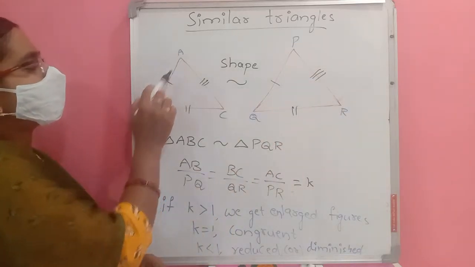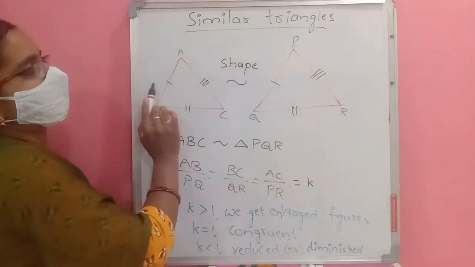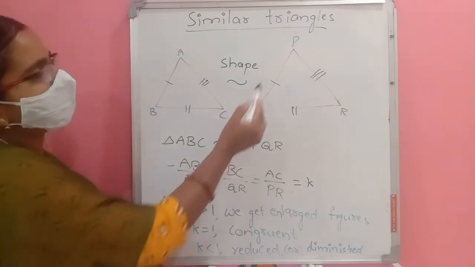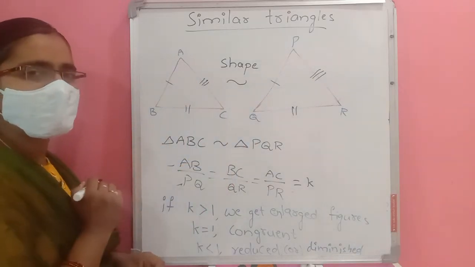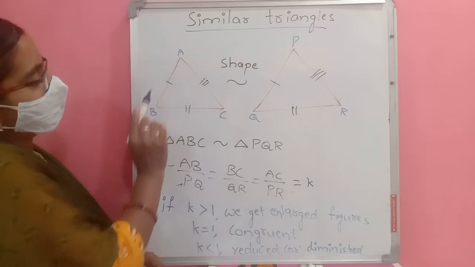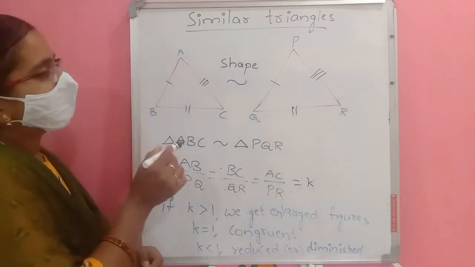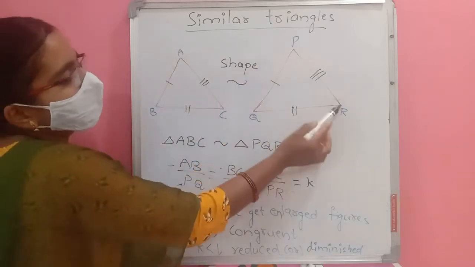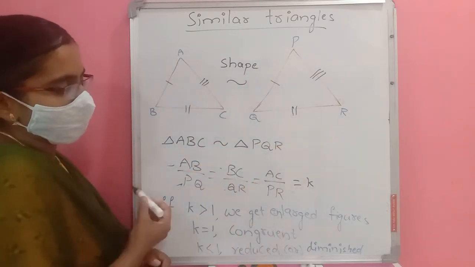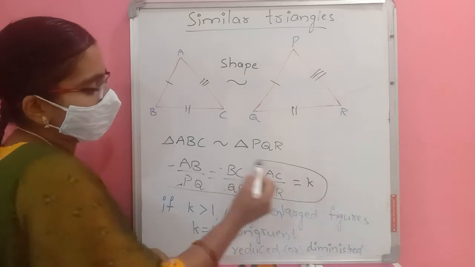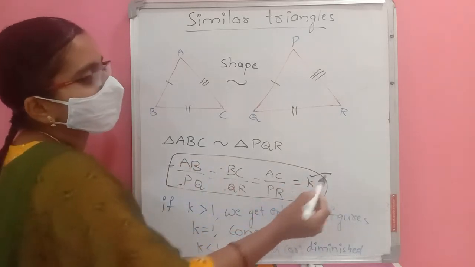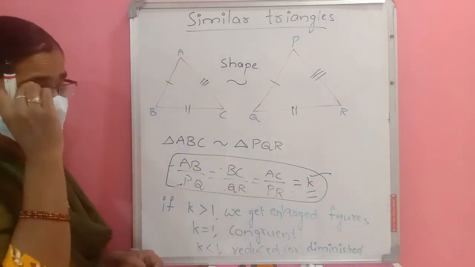Then the ratio of corresponding sides AB by PQ is equal to BC by QR, and equal to AC by PR. All these ratios are equal to one constant.